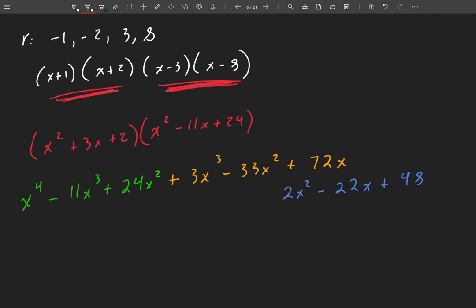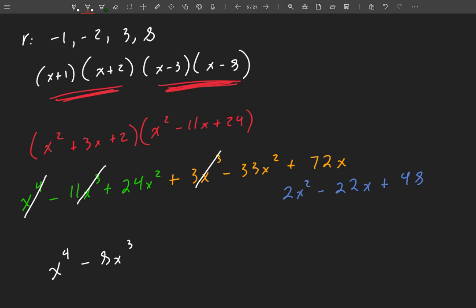All right, so I have x to the fourth here. We'll cross these out, make our lives a little easier. Now, I should have 2x cubed terms. So I have a negative 11x cubed and a 3x cubed. That is negative 8x cubed. I'll cross those out. Now, if I did this right, I should have 3x squared terms.